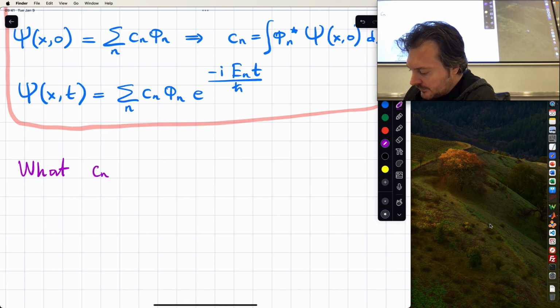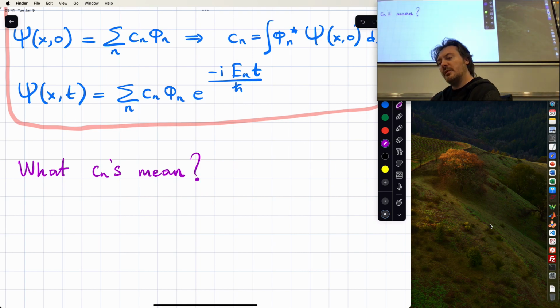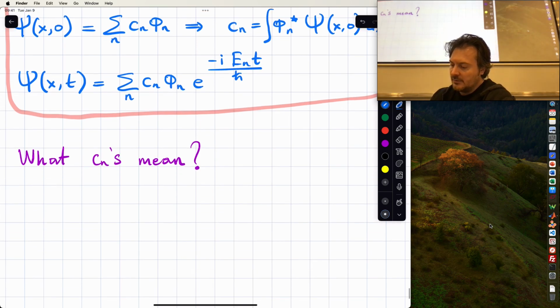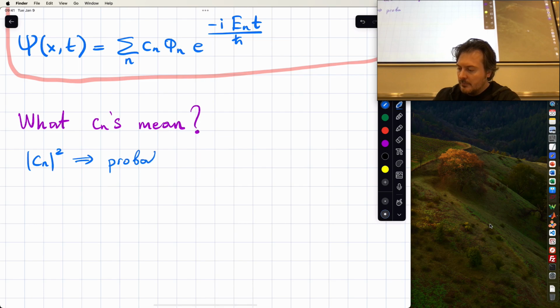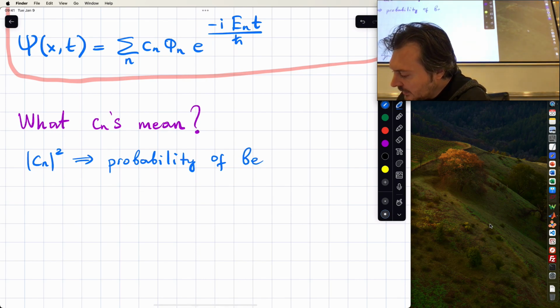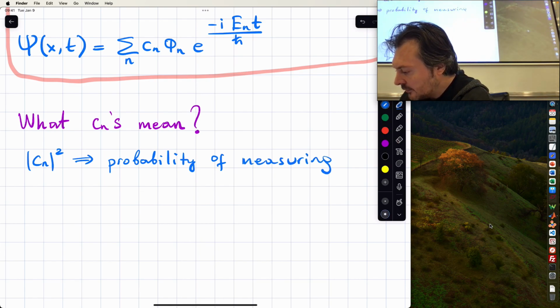What do Cn's mean? We have already mentioned it briefly, but let's dive deeper into this. So the absolute value squared of Cn's will give you the probability of measuring energy En.